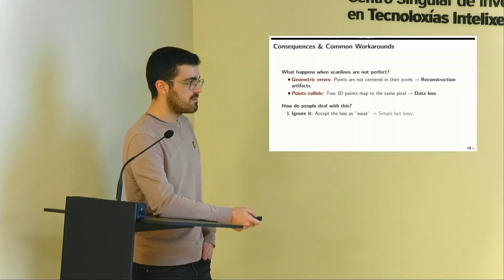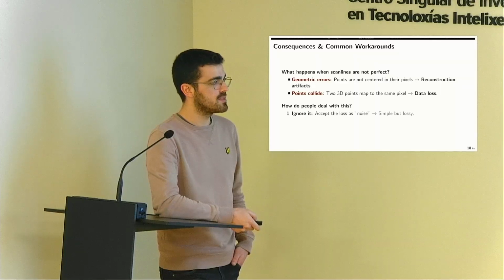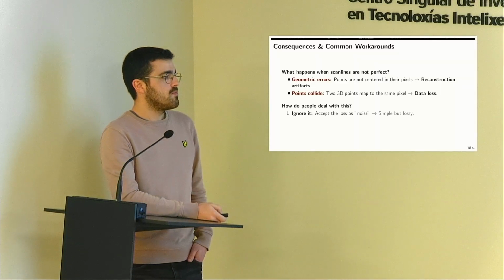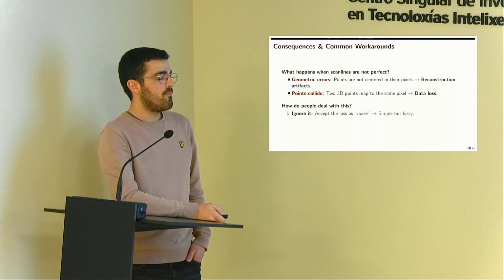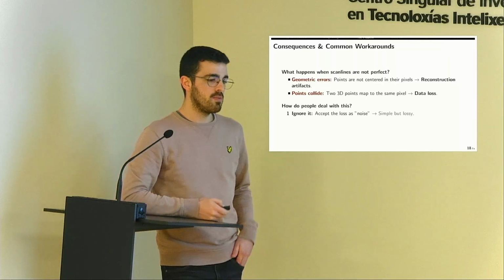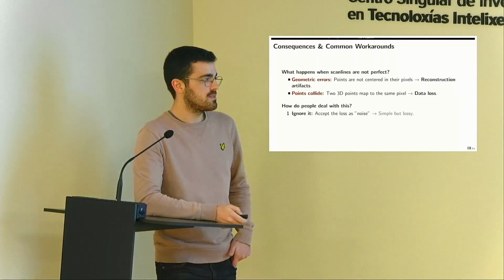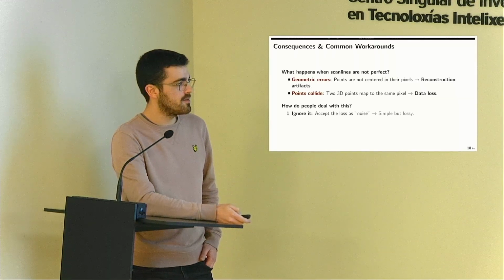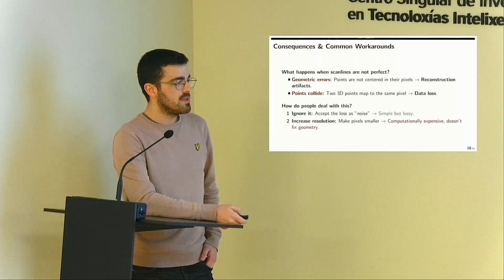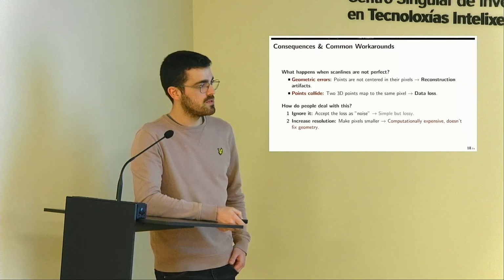Actually, some of them just ignore it, accept the loss as noise, and it works. It's simple. This works because in general the loss is not that big. We're talking about maybe each point moving a couple of centimeters, and we lose 8% of points. It's acceptable for some scenarios. What other people do when they need more precision is increase the resolution of the image we've shown before.